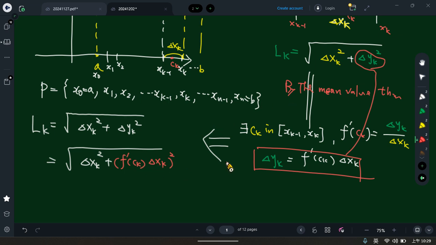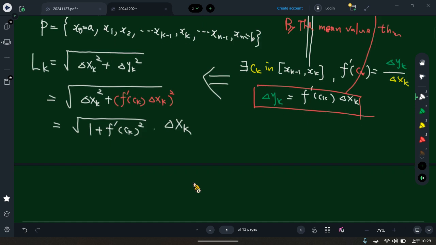Then we can continue, and it will be 1 plus f prime ck squared, then times delta sk squared, because we have delta sk squared, and for this item we also have delta sk squared. So we can move delta sk squared out of the square root. So we can have delta sk.